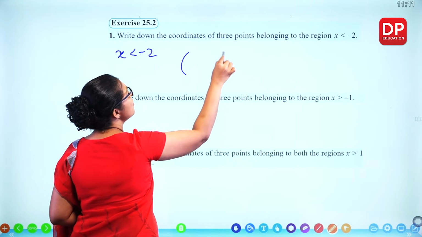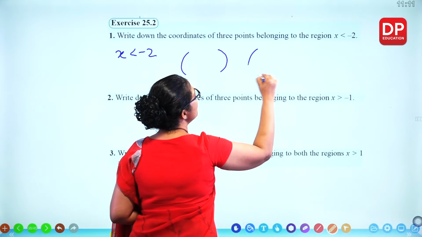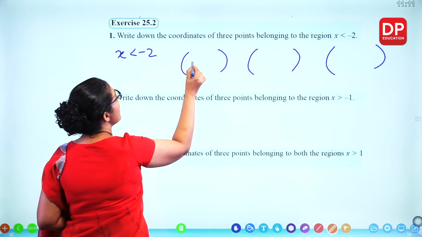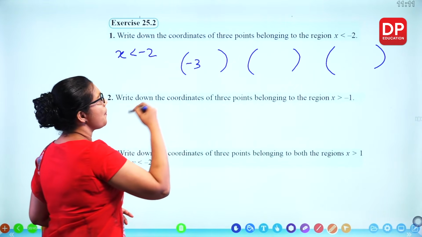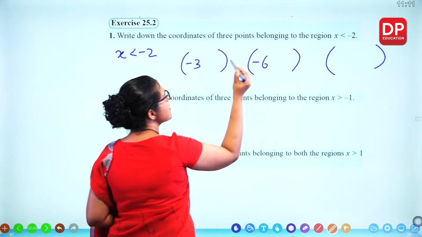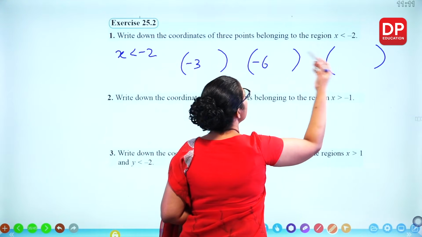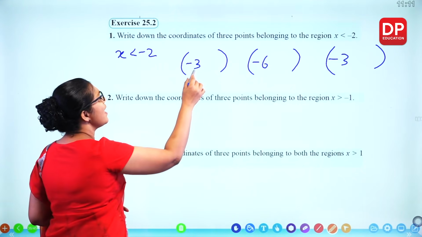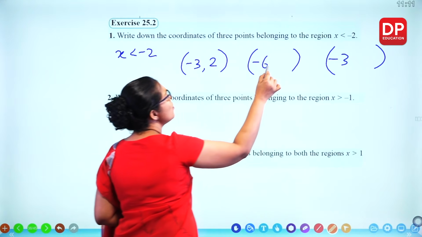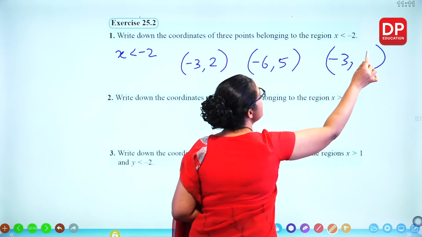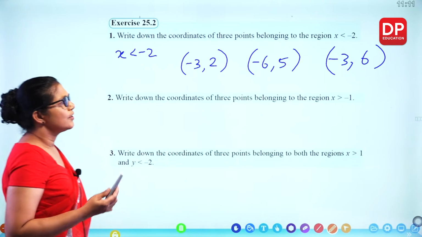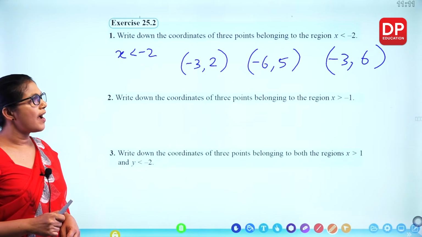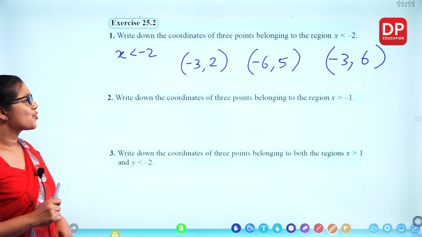I know the x value should be less than minus 2, so I can write minus 3. I can write minus 6. I can write any number. I can write the same number, minus 3. For the y value, I can write anything. I can put 2, 5, any number that you like. So these 3 coordinates satisfy x less than minus 2.